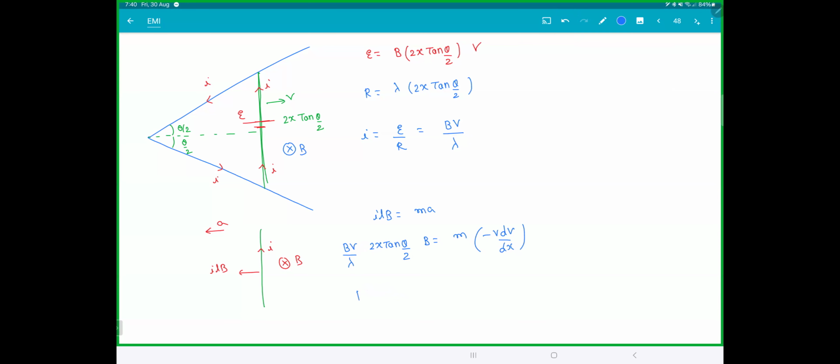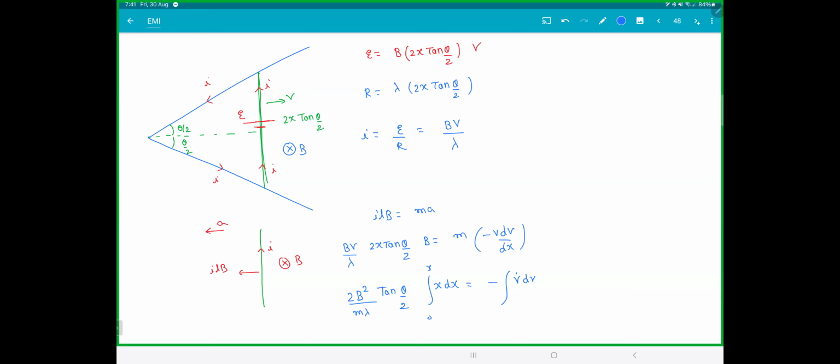That is even better. So 2B square by m lambda, tan theta by 2, x dx will be minus v dv.